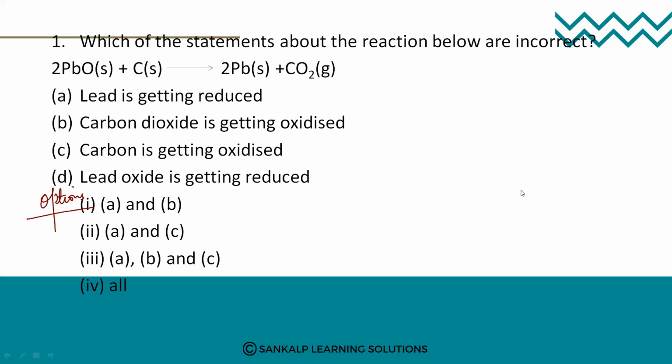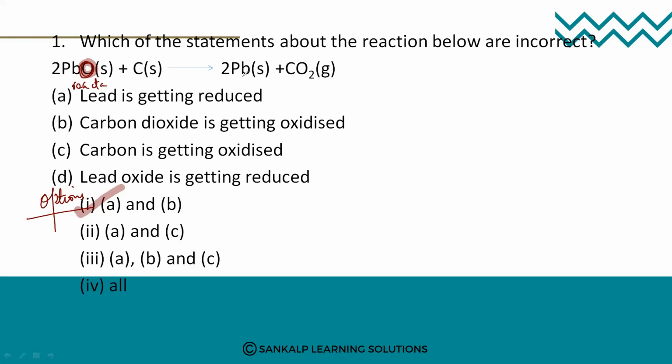The option here is option number 1, that is A and B. Because oxygen here is removed. You can see oxygen is present on the reactant side, and on the product side, oxygen has been removed.